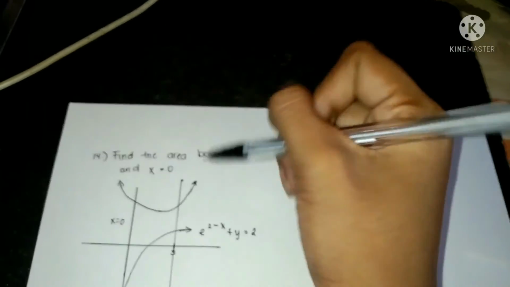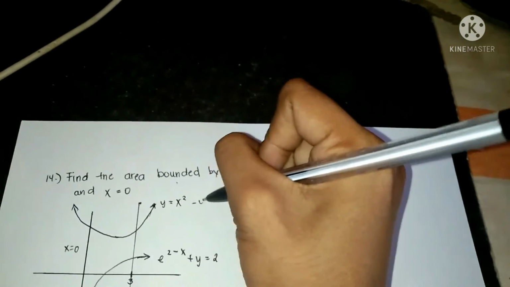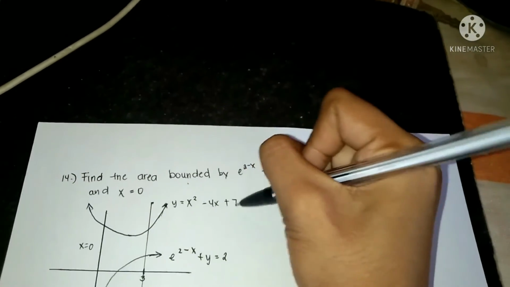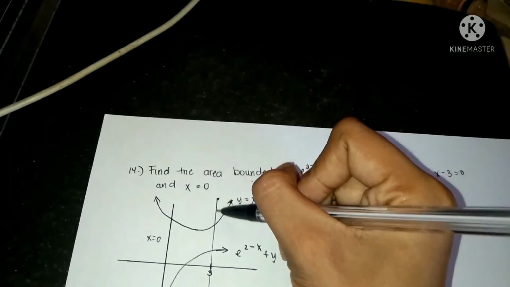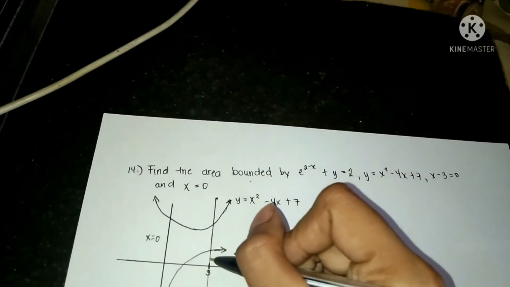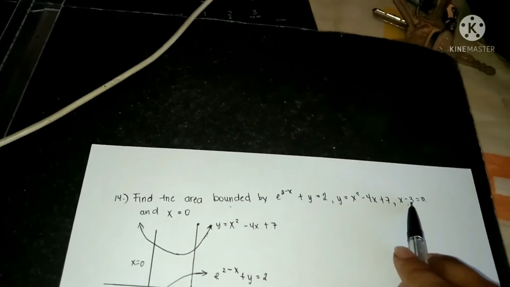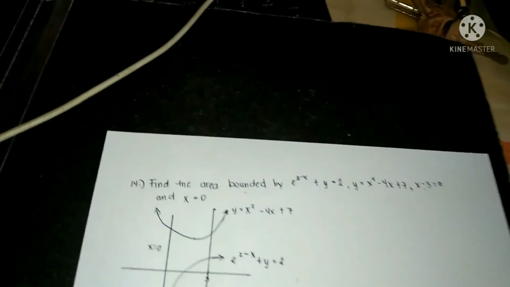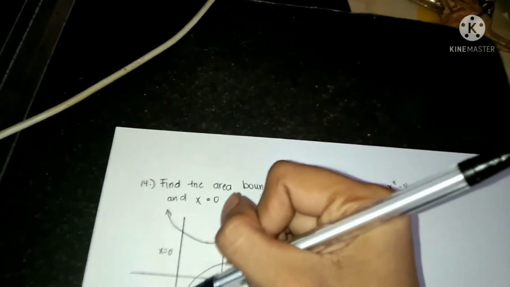And dito is yung y is equal to x squared minus 4x plus 7. Yan. Then, ito yung x is equal to 3. Yung x minus 3 is equal to 0 equate to 0. So, magiging x is equal to 3. Ito yung x is equal to 0 natin. So, ito yung kukunin natin na area.